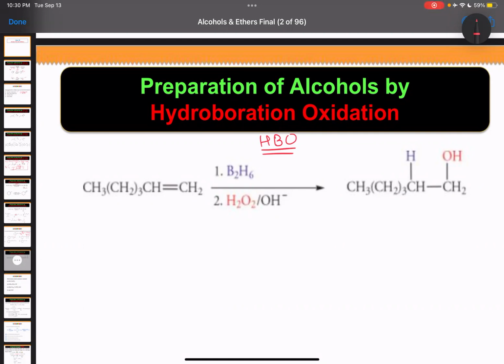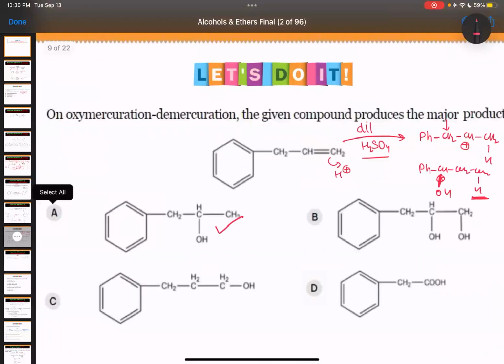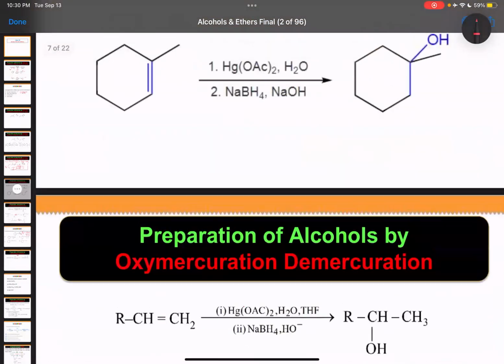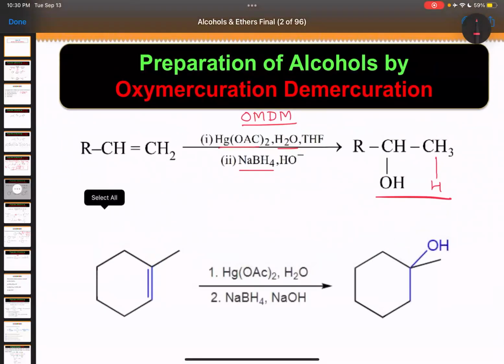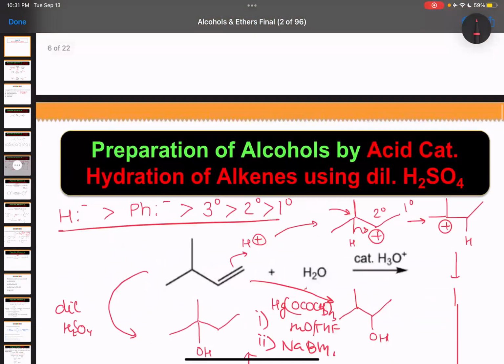Okay, so in this method, till now, everywhere, with oxymercuration, demercuration, or with normal dilute acid, the OH was getting connected on the inner side. Never did it connect outside. So till now we do not have any method by which we can make the OH connect on the outer carbon.